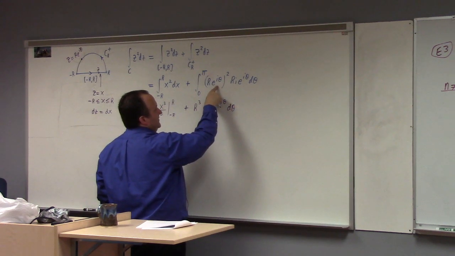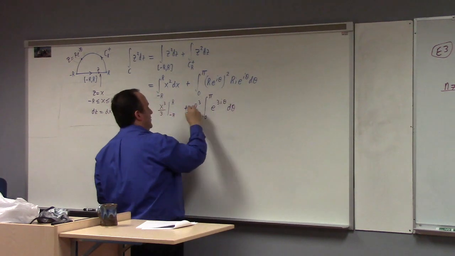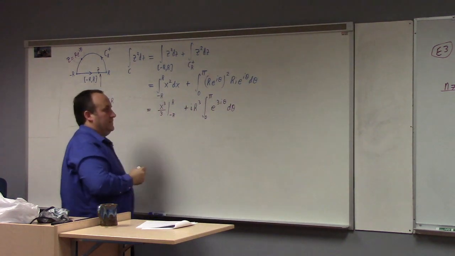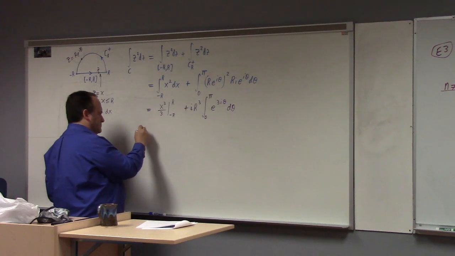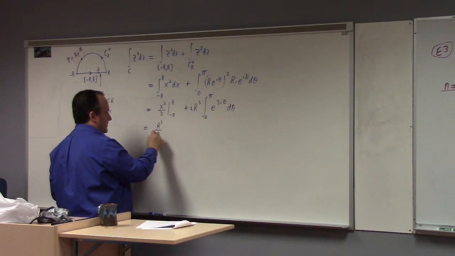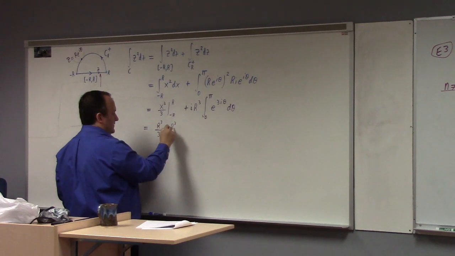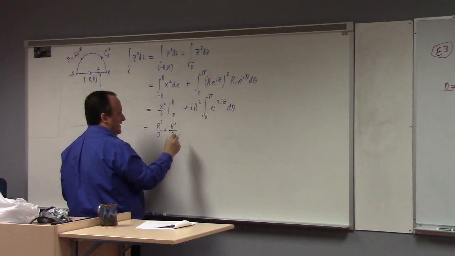De Moivre's theorem gives me 2i theta plus i theta is 3i theta. There's an i, I'll pull it out. Great, so we get R cubed over 3 plus R cubed over 3, I guess. And then plus what?